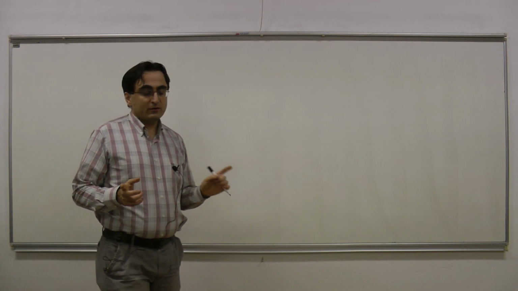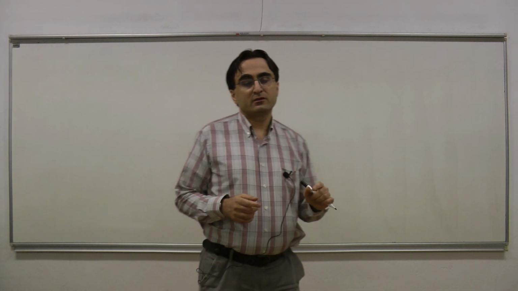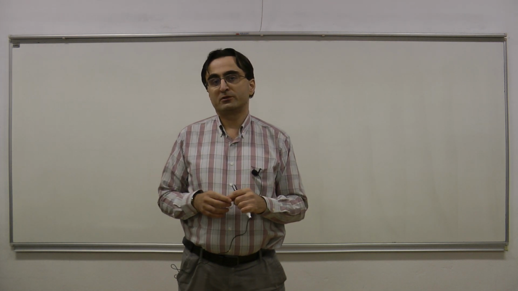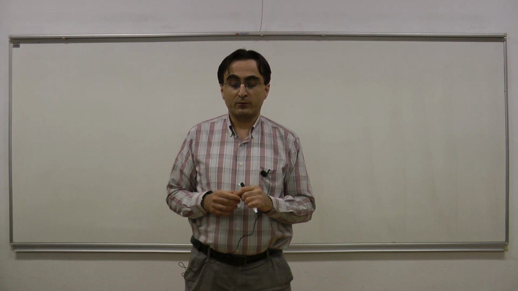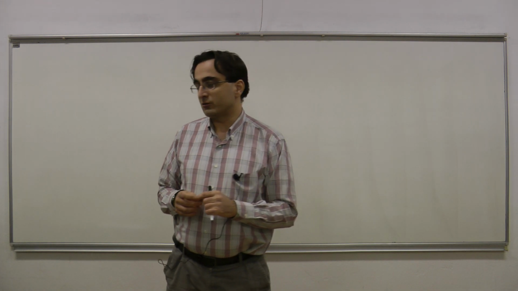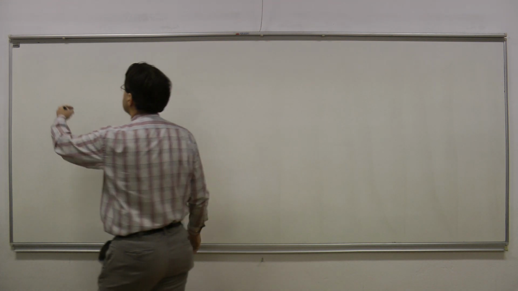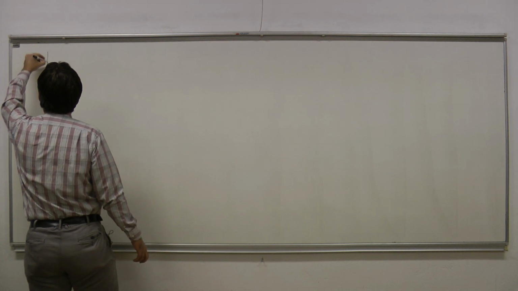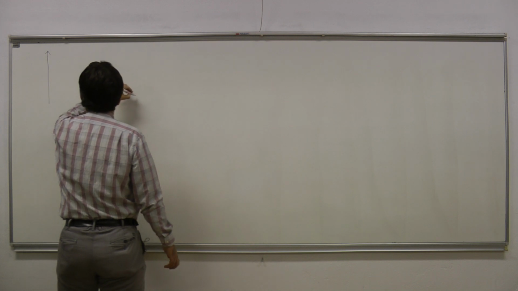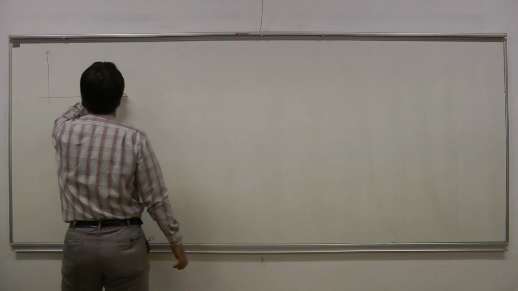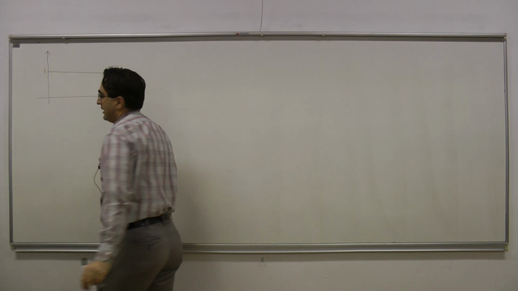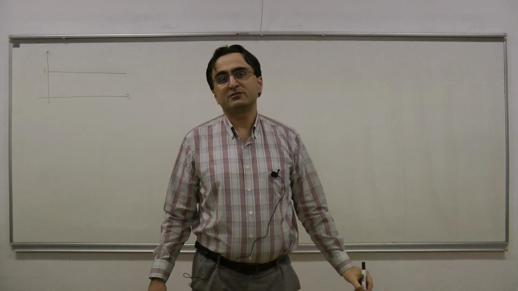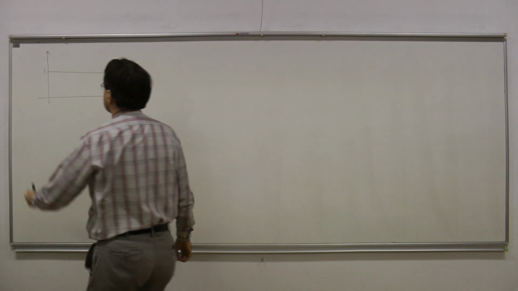Remember, in the last lecture we calculated the analytical form of the response for a second order system in standard form. It is a step response, and we have a response given like this. I have my unit step here, and this is where the response converges.